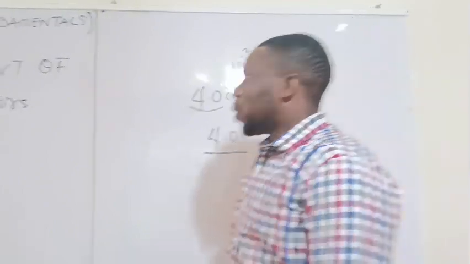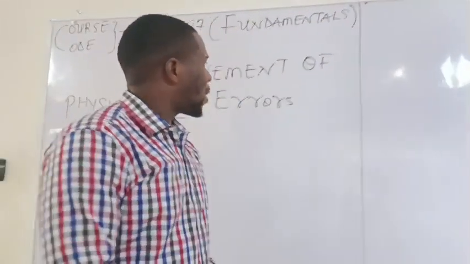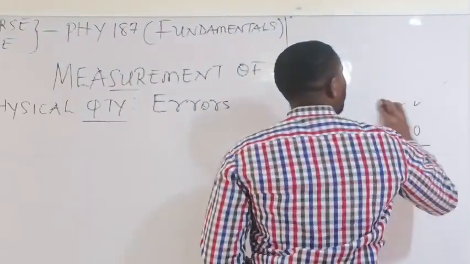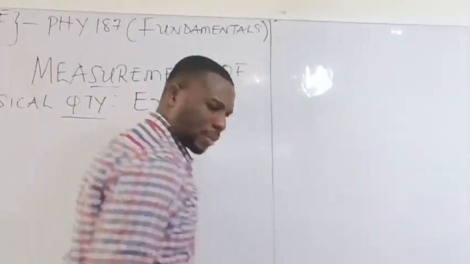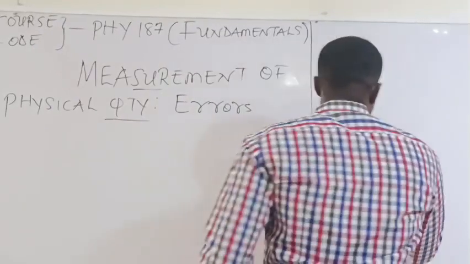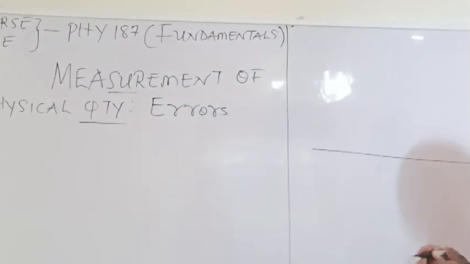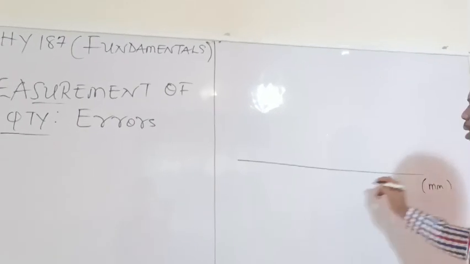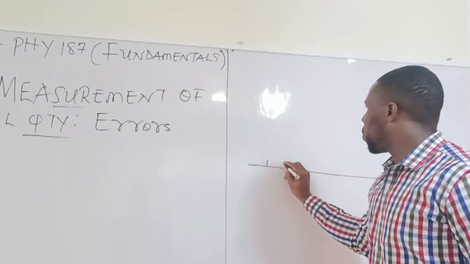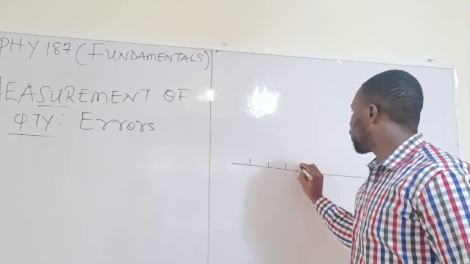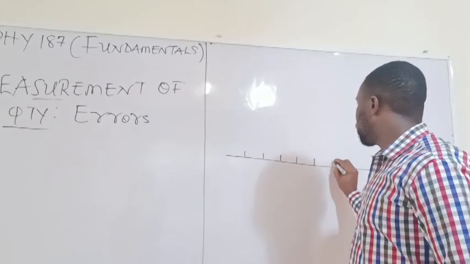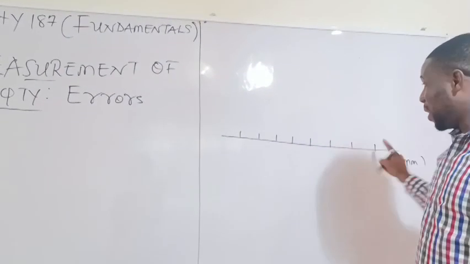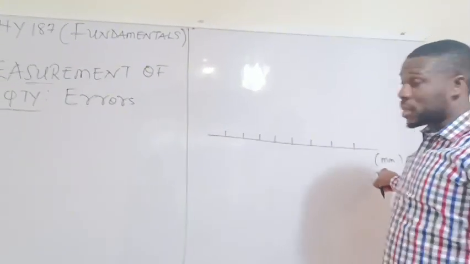All right, so now let's take for instance that I have a scale, and let's say it's in millimeter, and I divide this into equal portions. You could think of this as your meter rule, so to speak, because the least mark there is 1 millimeter.